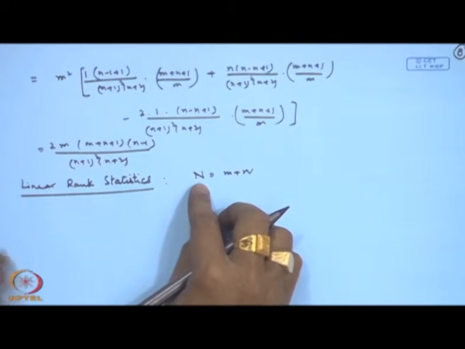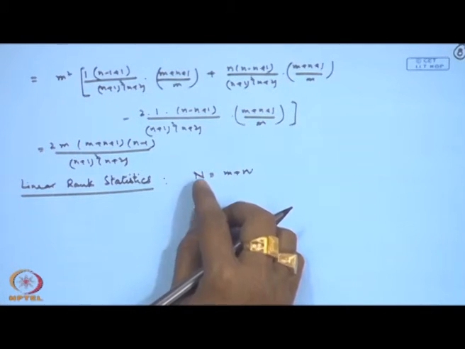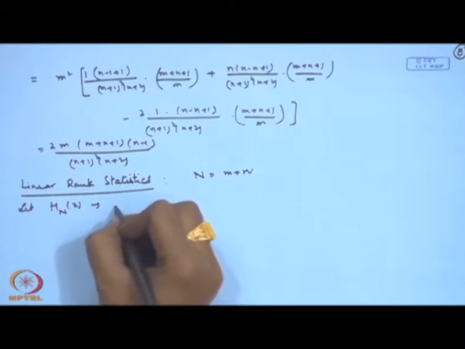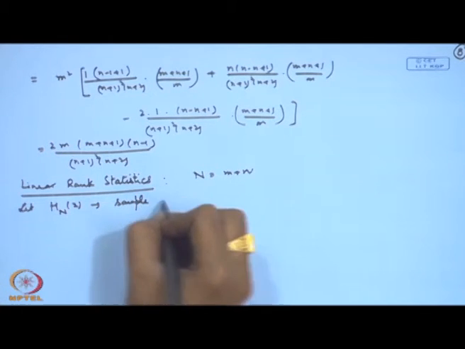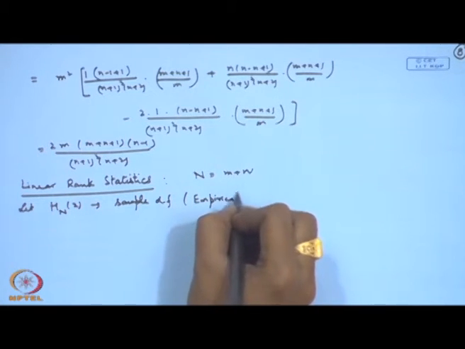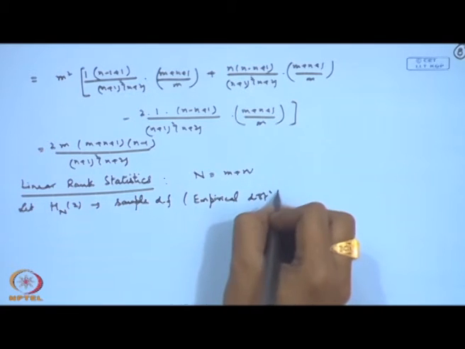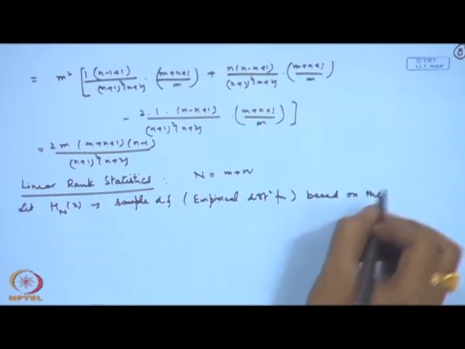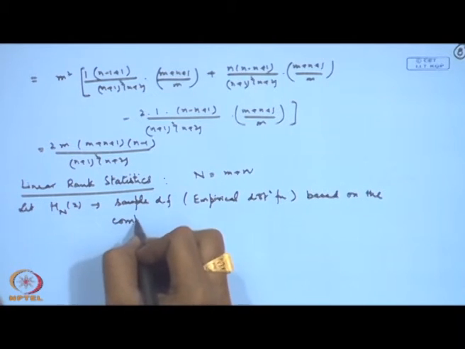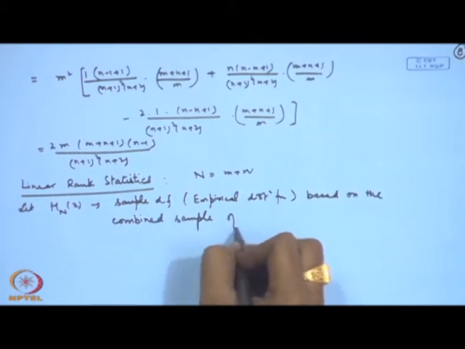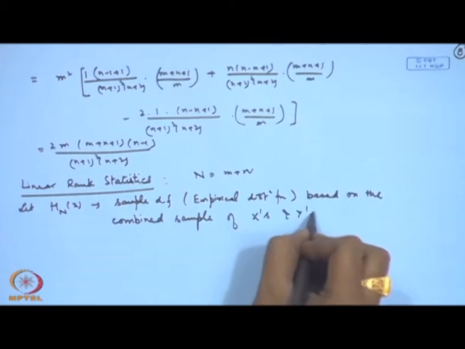Let us consider the composite sample size equal to capital N, and let us define H_N(x) as the sample distribution function, or empirical distribution function, based on the combined sample of x's and y's.